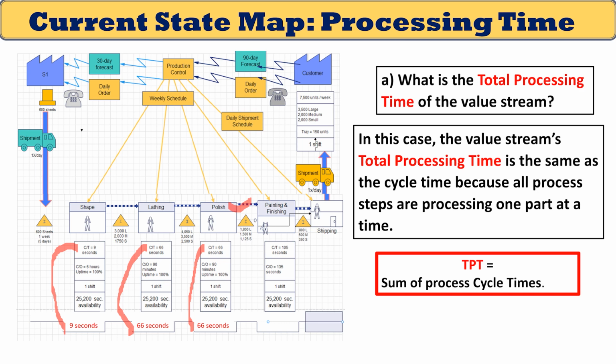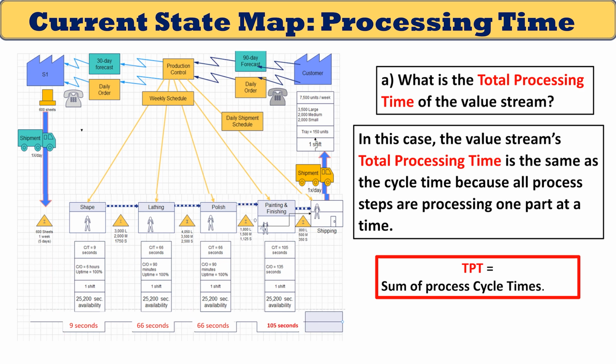Now we're going to move to the last one, the painting step. This one has 105 seconds, so we will also report that here. We have already reported this on the time ladder zone.